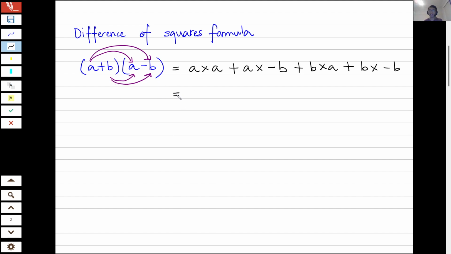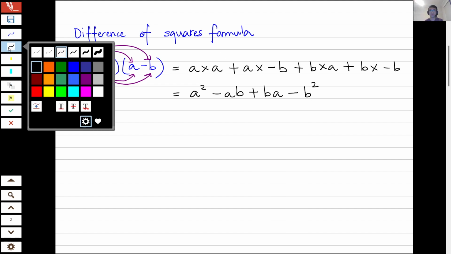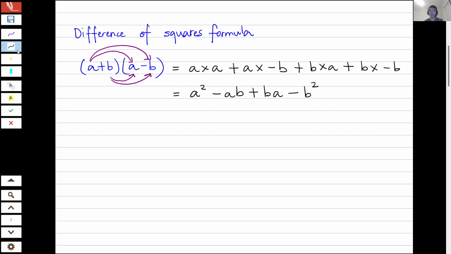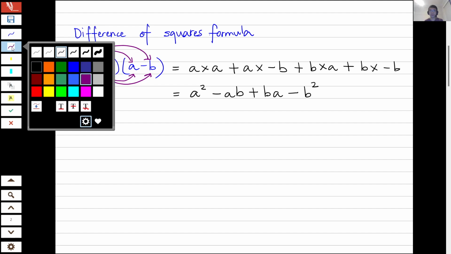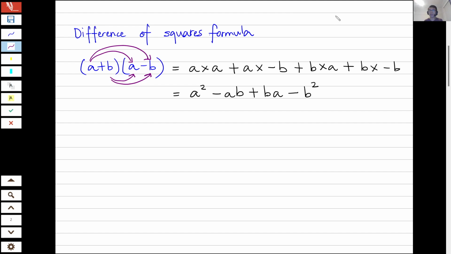Now, using your knowledge of indices and simplifying expressions from exercise 2c, we can rewrite this as a squared minus ab plus ba minus b squared. And at this point, we know that b times a is the same as a times b.